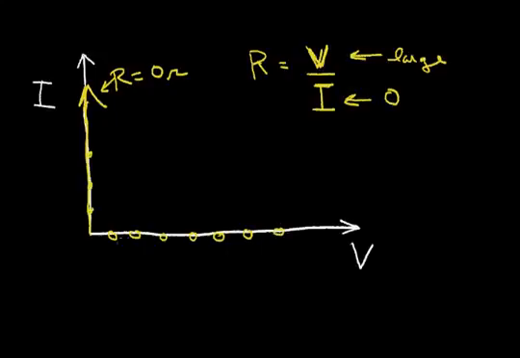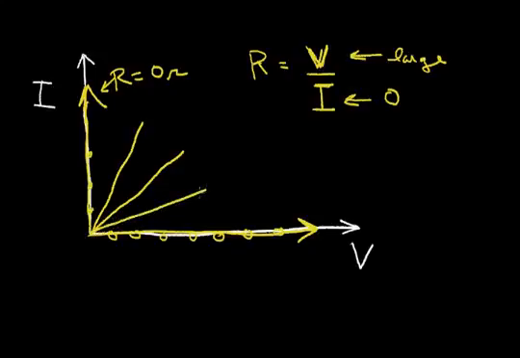Thus I get a plot that's along this axis for the infinite resistor case. Now most resistors will be in between. If I have a low value resistor, it will plot as a straight line like this. If I have a little higher value resistor, the curve will move more towards this direction. Even a higher value resistor will move down here.